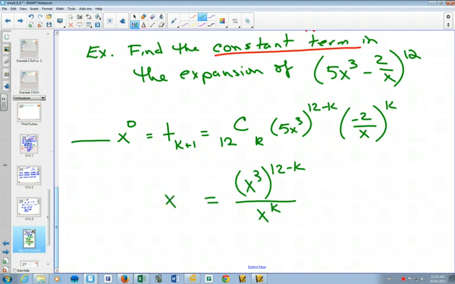Because you need all your x's to cancel out. Has someone found a k that doesn't work? 12? Yeah, 12 would give you 0 on the top and 12 on the bottom.